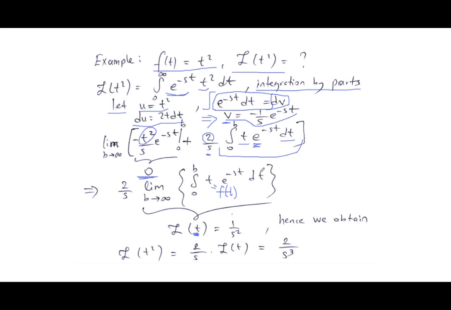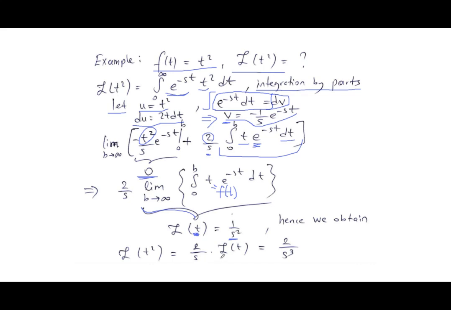What we see here, this whole expression, is the definition of the Laplace transform of t. And this is calculated already as 1 over s squared. Therefore, for the Laplace transform of t squared, we will get 2 over s times the Laplace transform of t, which is 1 over s squared.